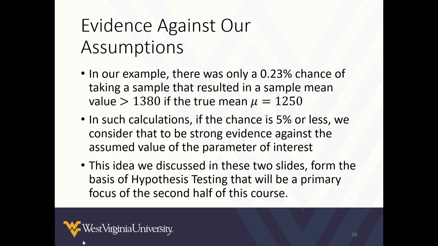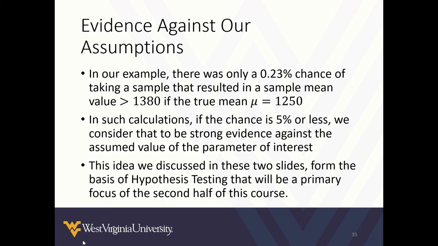So in such calculations, if there is less than a 5% chance of an event occurring and we have it occur, we consider this to be strong evidence against the assumed value of our parameter of interest.